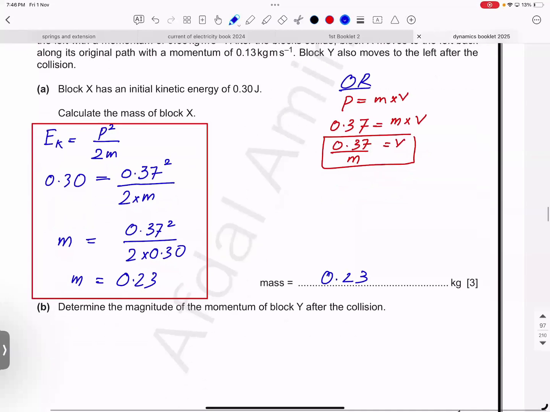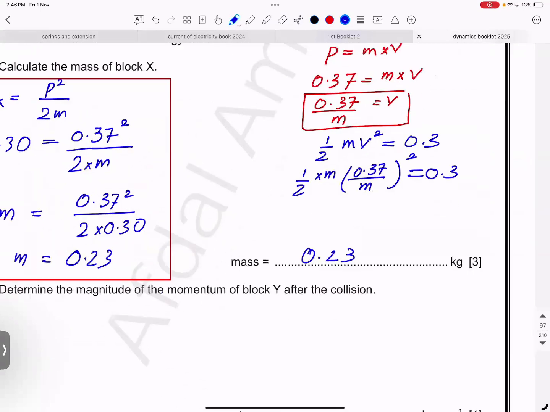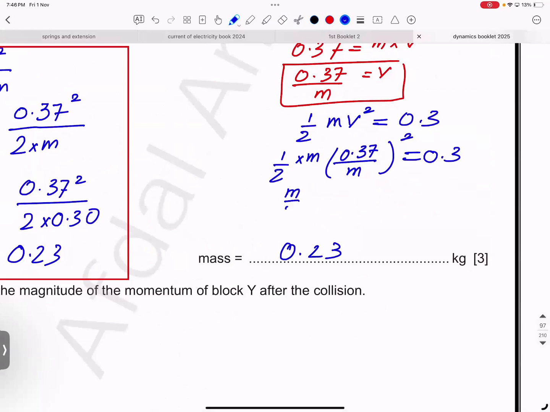Now go for kinetic energy. Kinetic energy is half m v squared, which is 0.3. Substitute p, so half m times (0.37 over m) squared is 0.3. You can simplify m. It gives 0.37 squared over 2m equals 0.3. You can rearrange, it will be the same answer.